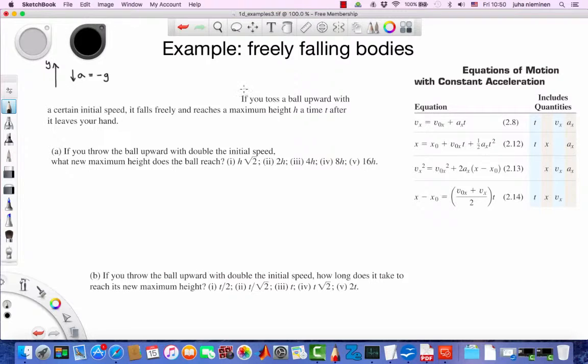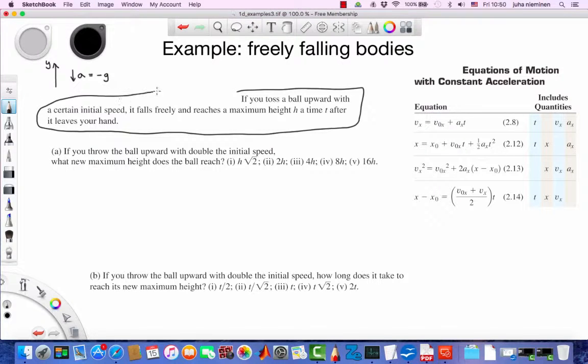Alright, so let's go to this problem. If you toss a ball upward with a certain initial speed, it falls freely, of course, and reaches a maximum height, h, at time t, after it leaves your hand. So we just throw it up. And the question is, if you throw the ball upward with double the initial speed, what new maximum height does the ball reach?